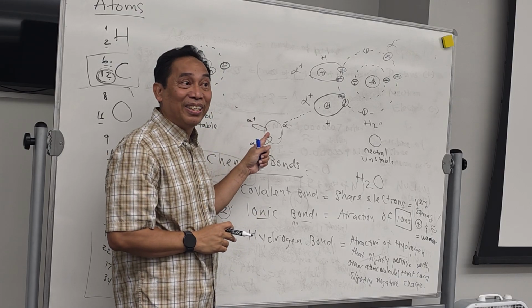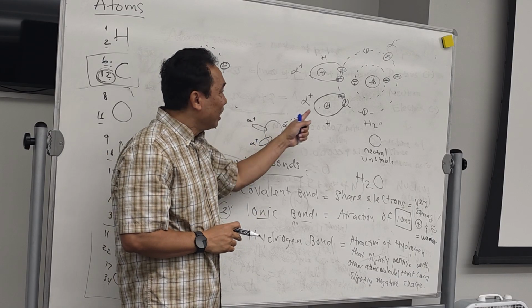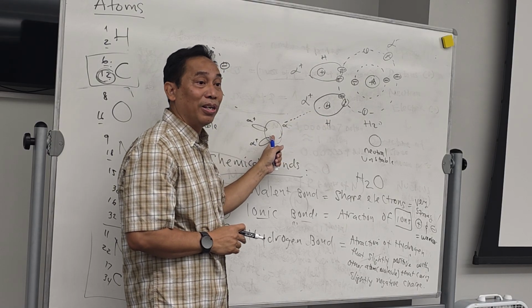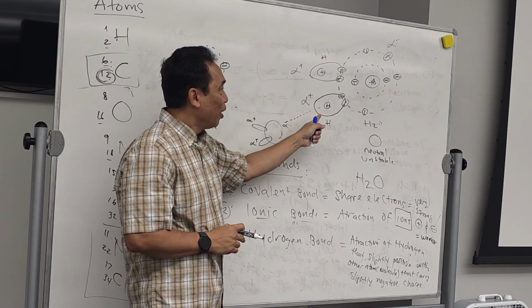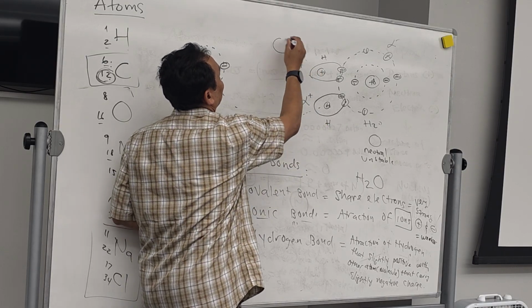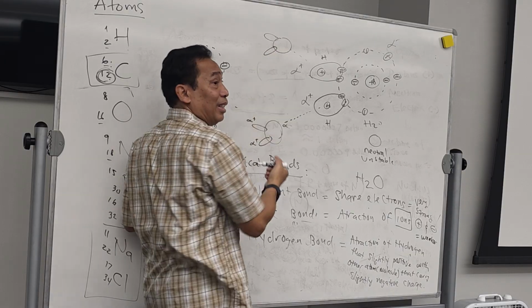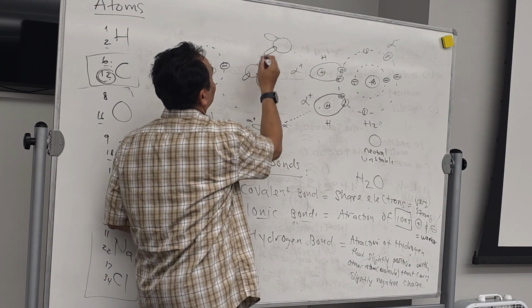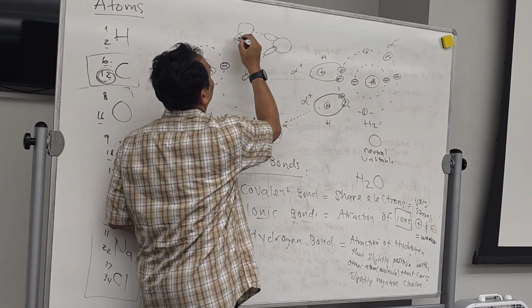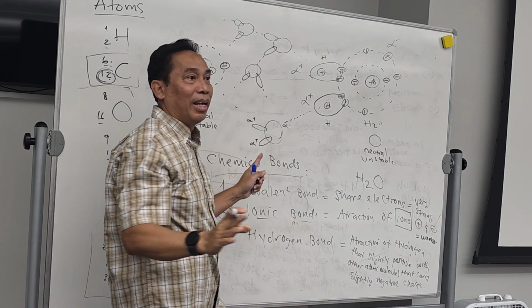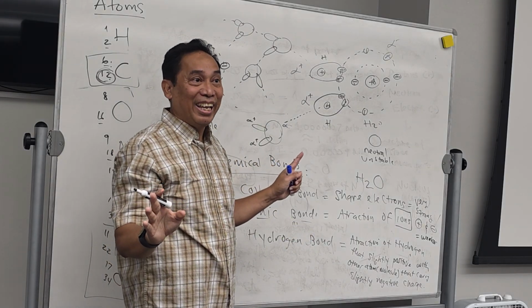Can you see this one? So you see this attraction with another water molecule. One water molecule with another water molecule. This one is the same. And this is the same. Are you with me? Okay?